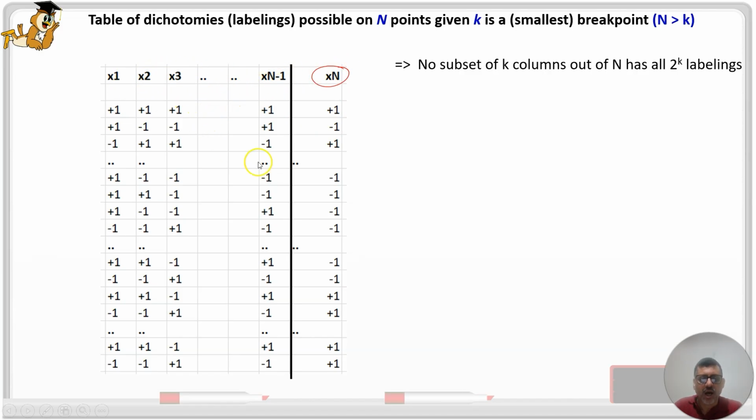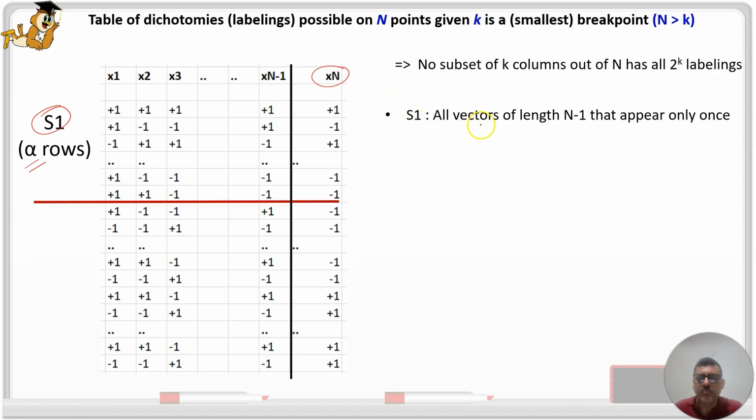Like I said, I'm going to divide these dichotomies into 2 groups. Let me tell you what these groups are. The first group is called group S1, and let us say the number of rows in this group is alpha. So there are alpha rows in this group S1. What is this group S1?